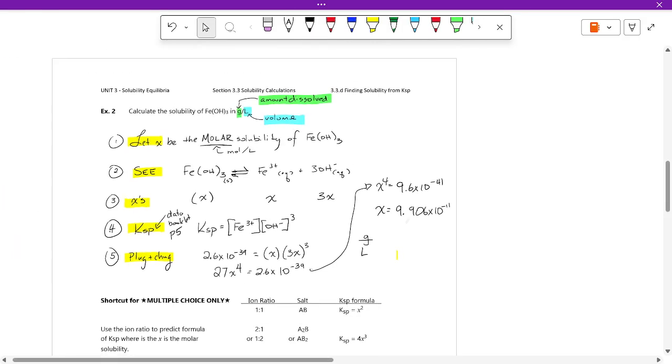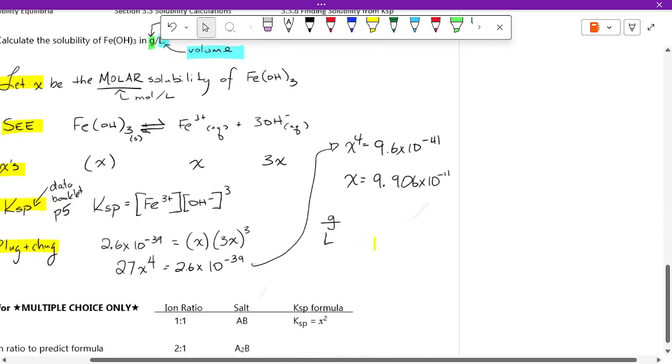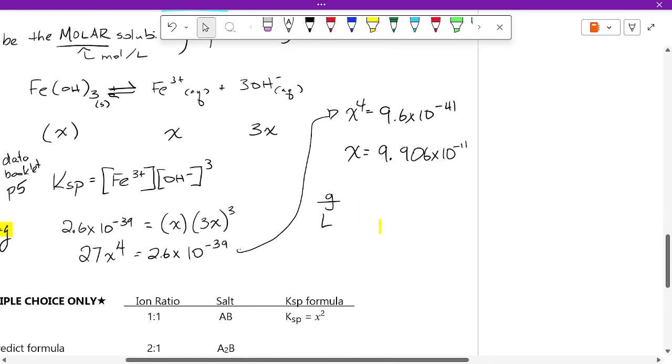I did not leave myself enough room for this, did I? Oh well, that's okay. I'll just write smaller.